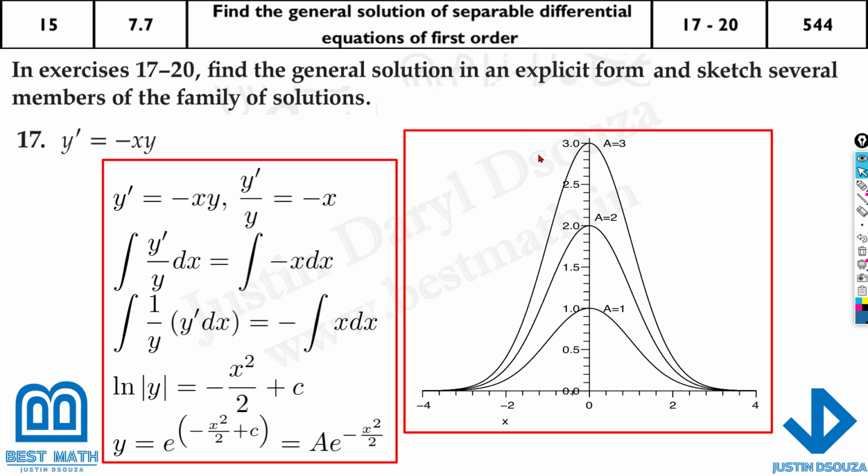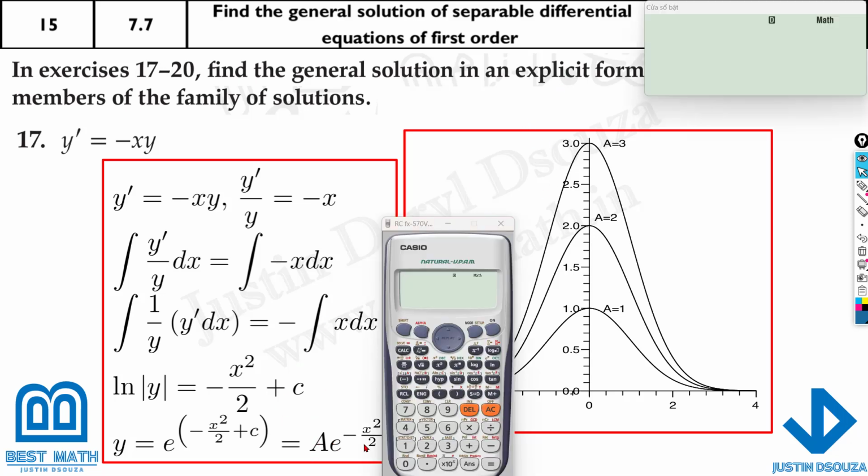You can just use your calculator. I'll show you. So I will write e to the power minus x squared by 2, and then multiplied by a, which can be 1, 2, 3, it varies, right? So let me write 1 and calculate this for 0. Why? Because let's start from x equal to 0. x is 0.